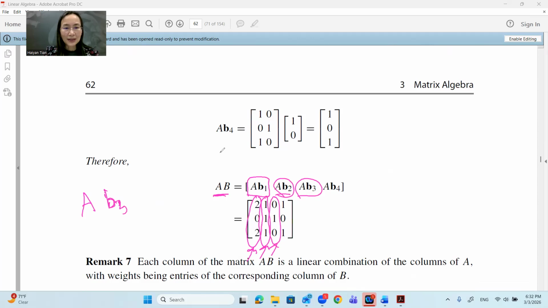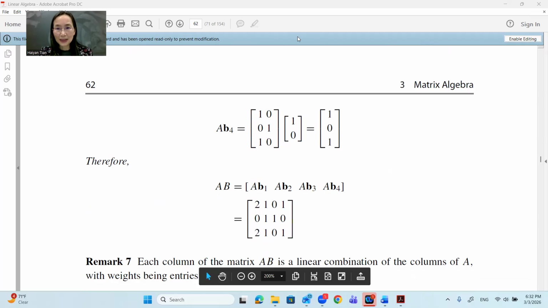So that's another alternative approach to find the product.